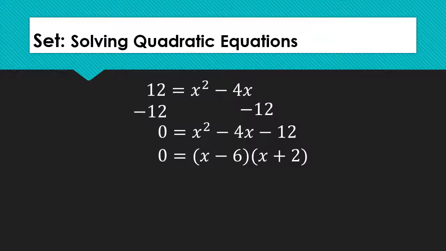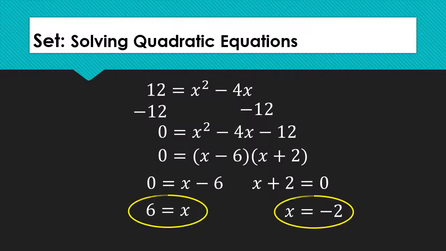And the sum of the product of the first and the last term in each of the factors has to equal negative 4x. Once we take the x minus 6 and the x plus 2 and set them equal to 0, we solve for x in each one using inverse operations, and we're left with the solutions x equals positive 6 and x equals negative 2.